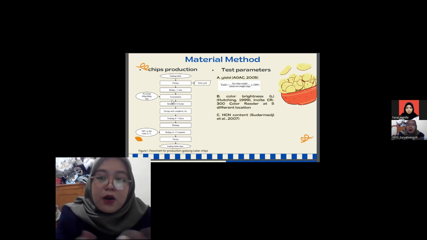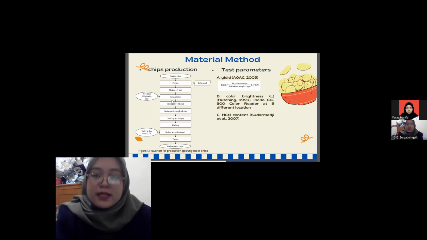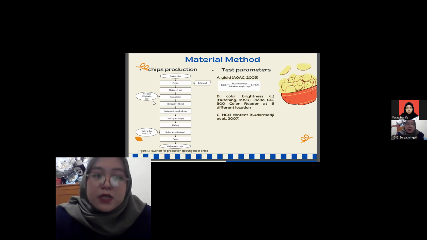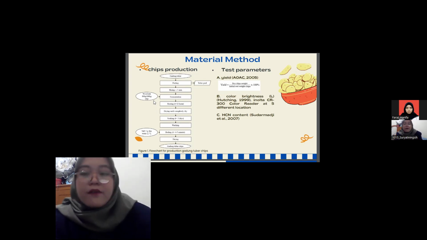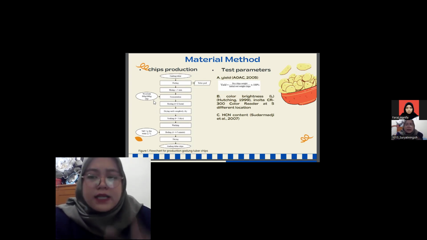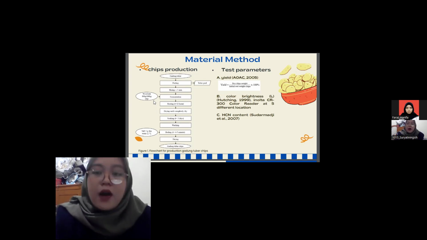Each piece of gadung tuber is then subjected to a fermentation process using 800 grams of wood ash for every 600 kilograms of chip pieces.